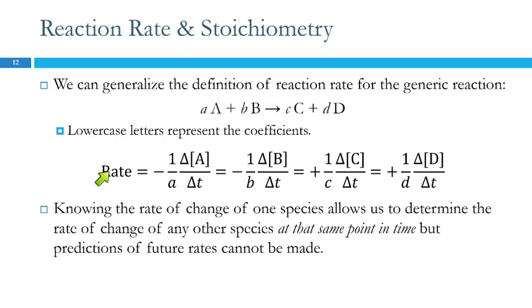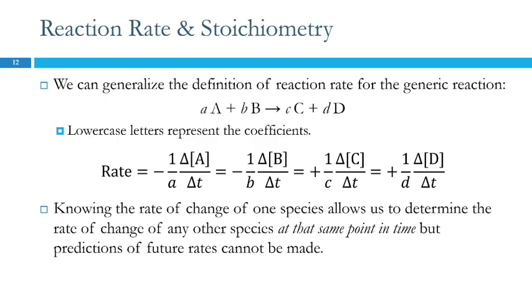But we would write the equation this way. For a reactant, negative 1 over the coefficient times the change in that concentration divided by the change in time. This is the same format, but it's a different coefficient. For the products, you don't have to put a plus there, but they did that just so that you would take notice that there's no minus sign there: 1 over the coefficient times the change in concentration over the change in time.